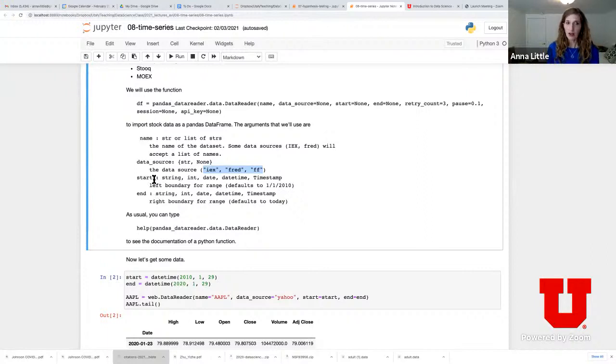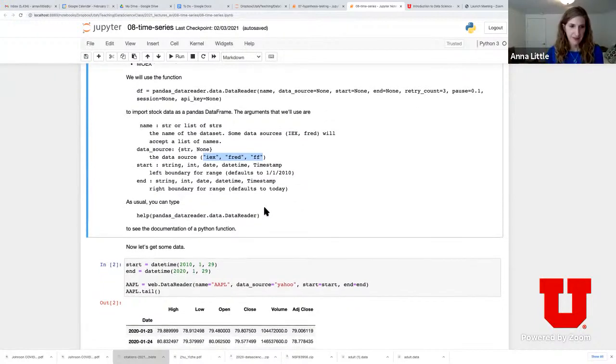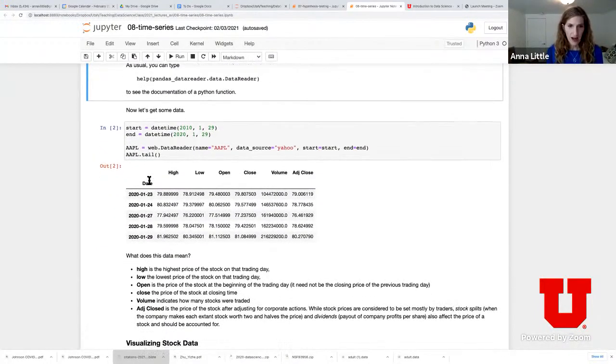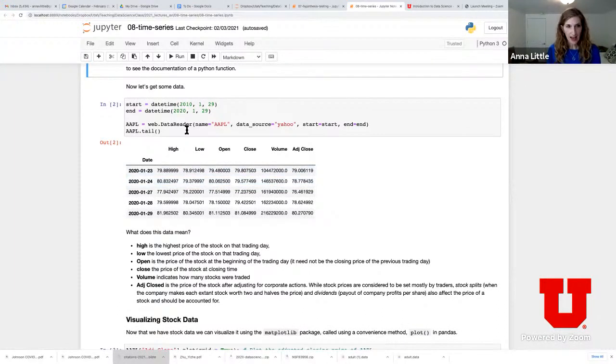And then, because time series data can go on for a very long time and you may not want to look at all of it, it's helpful to just pull out whatever chunk you're interested in. So you always want to input a start and an end, although this will default to 2010. By default, it'll take data from 2010 to today. Okay, and if you're interested, you can always check out the documentation for further information and further options on the import.